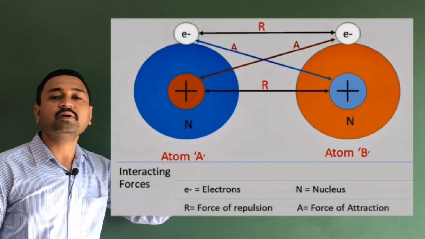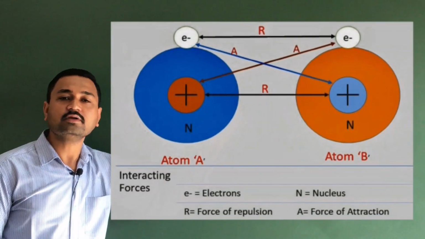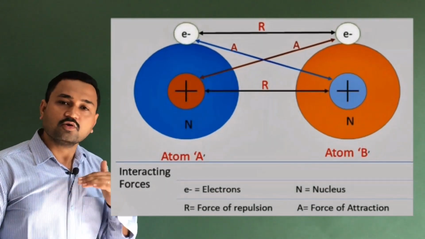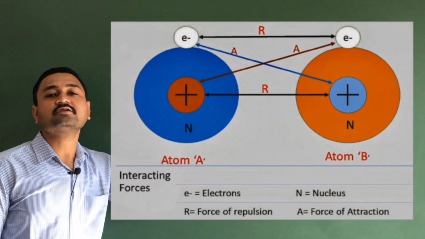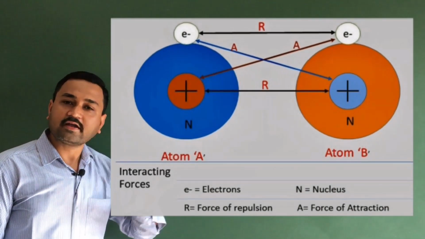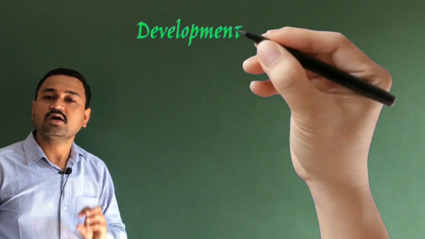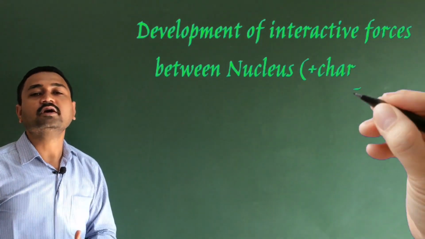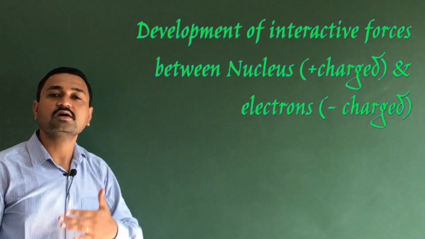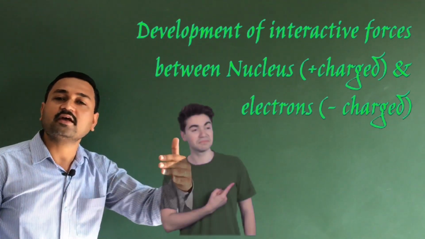So there is a development of an attractive force between them. Similarly, the nucleus of B atom attracts the electron of A atom, and there is also the development of an attractive force. So in short, there is a development of attractive forces between the nucleus and the electrons of the two atoms.